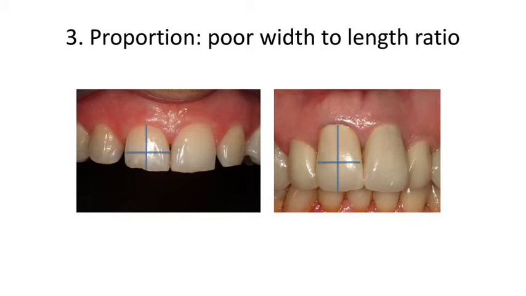On the right-hand side, you can see some crowns have been put over teeth where possibly there's been some gum recession and root exposure, and the crown of the tooth has extended up onto the root, and that provides a tooth that is too long relative to the width, and that also does not look particularly attractive.